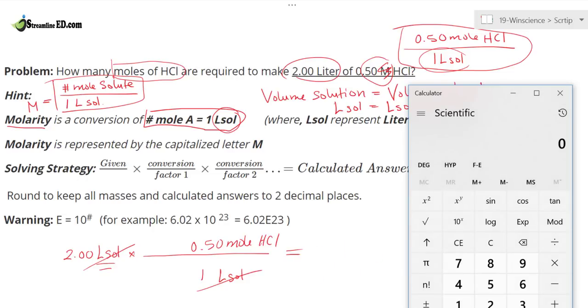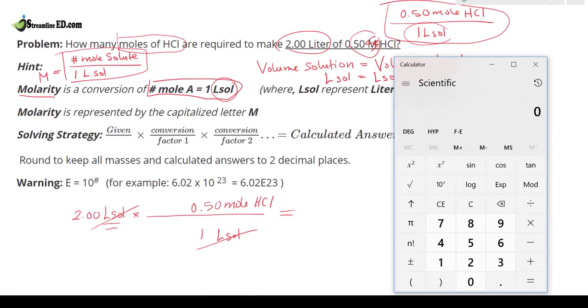All we have to do now is use a calculator and solve for it. Multiply everything on top, divide everything on the bottom. So 2.00 times 0.50, divided by 1, which we can ignore, turns out to be 1.